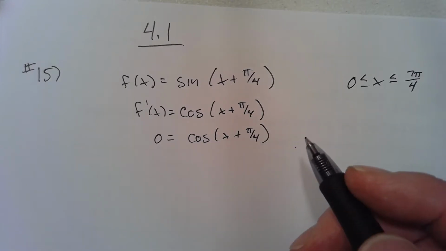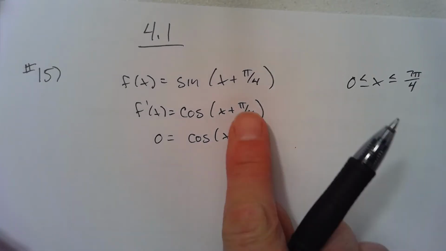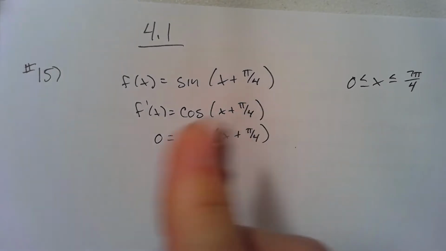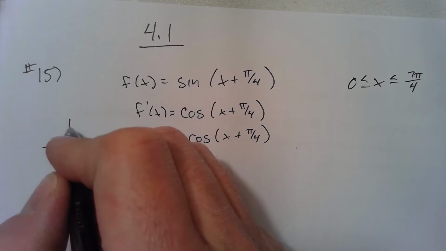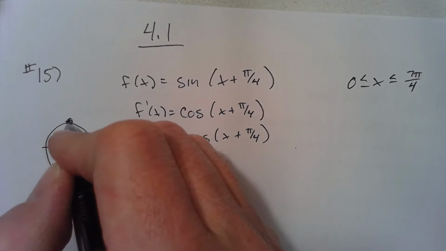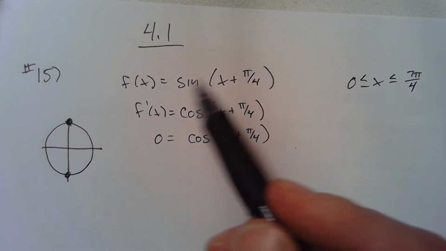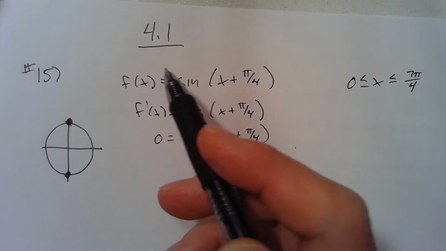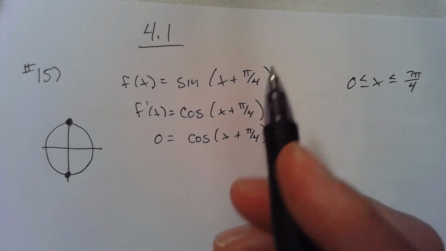Alright, so if it was just cosine x equals 0, where is cosine equal to 0? Well, on the unit circle, cosine is 0 on the top and the bottom, because that ordered pair is 0, 1, that's 0, -1, and cosine represents the x value on the unit circle.